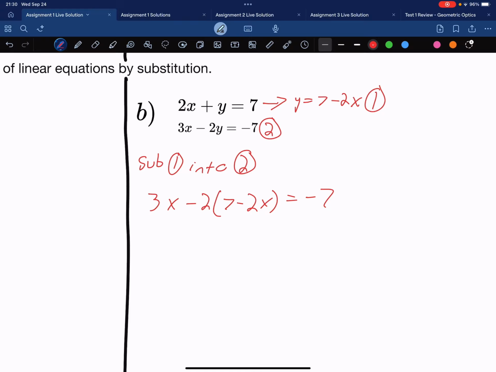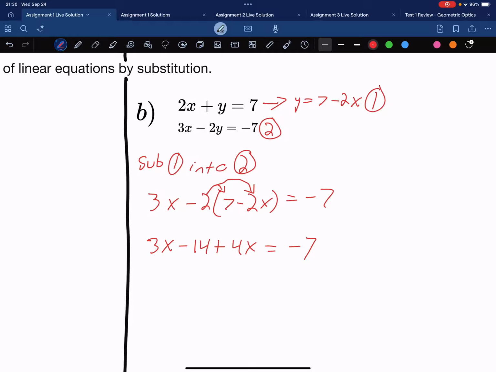Perfect. So now I'm going to distribute that negative 2 throughout the brackets here. I'm going to leave the 3x normally, and I got negative 2 times 7, so negative 14. Negative 2 times negative 2x is going to be positive 4x, and that's still equal to negative 7.